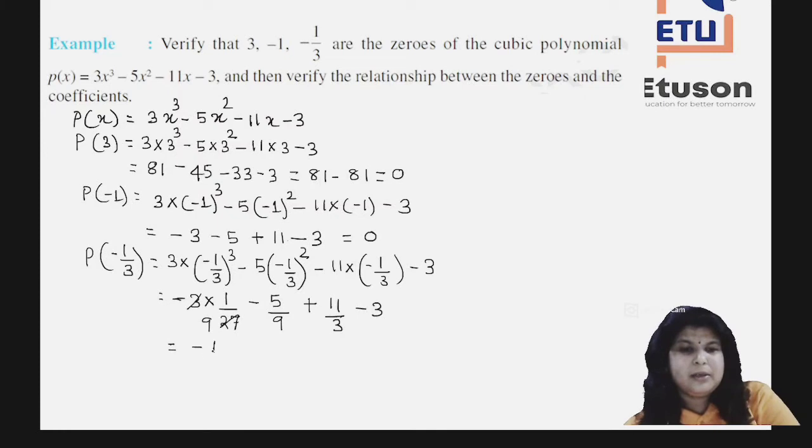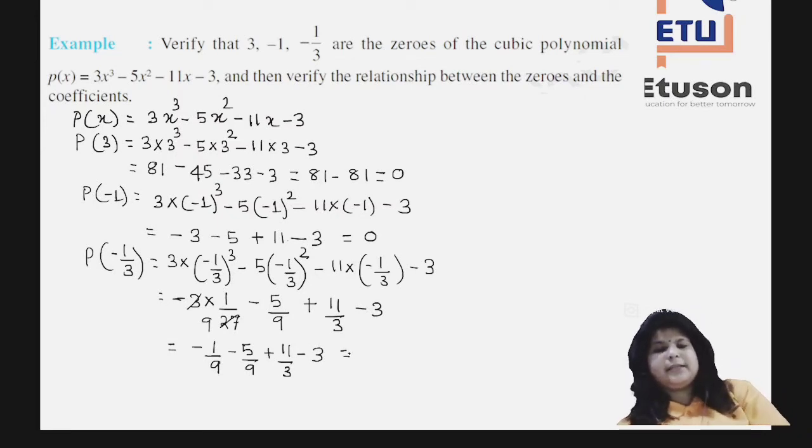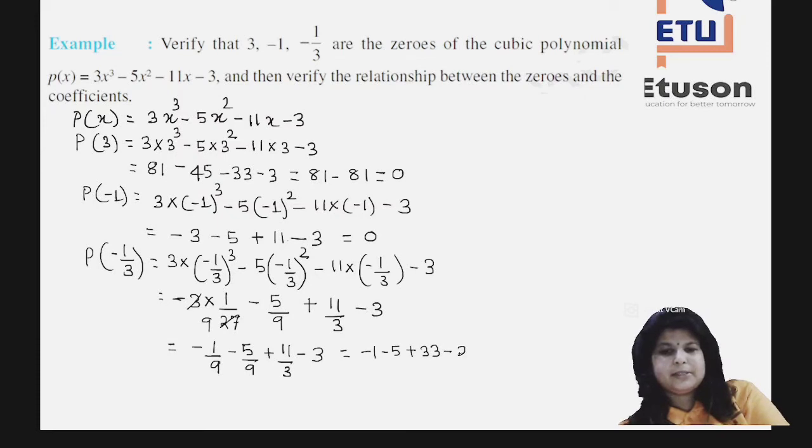So here, minus 1 by 9 minus 5 by 9 plus 11 by 3 minus 3. So your answer is minus 1 minus 5 plus 33 minus 27 divided by 9.